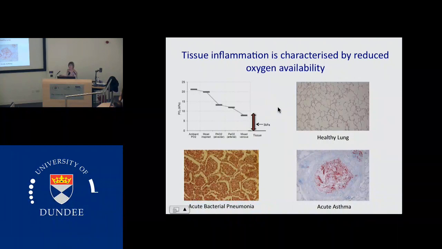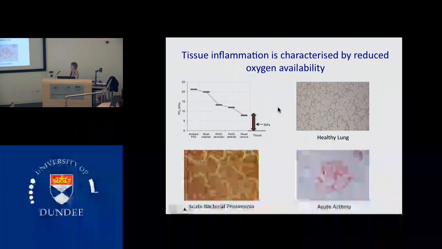And we know that in the lung, in areas of dense consolidation, such as pneumonia, the PO2 in the tissue can drop very low indeed. Healthy lung is obviously very well oxygenated. In the example of pneumonia I showed you, where the alveoli are full of white cells and debris, the PO2 is very low. And you can also get areas of regional hypoxia.